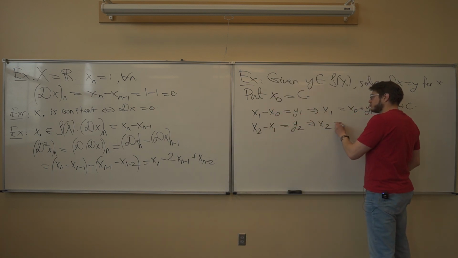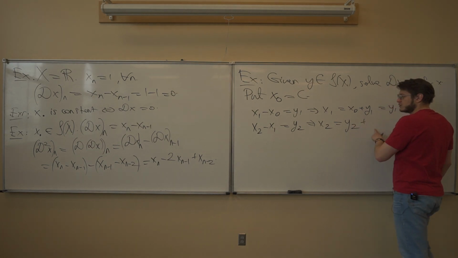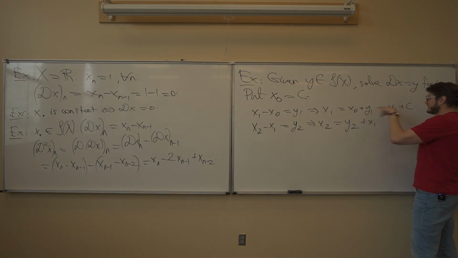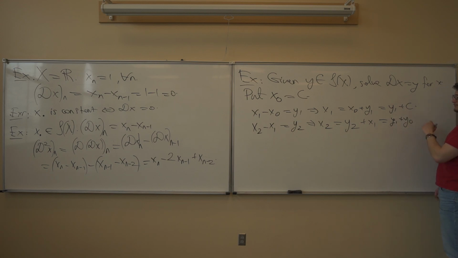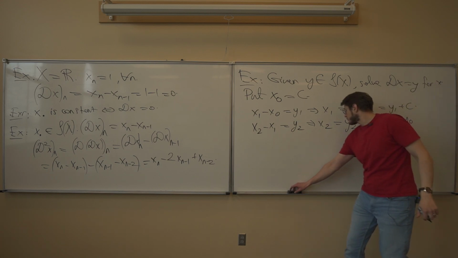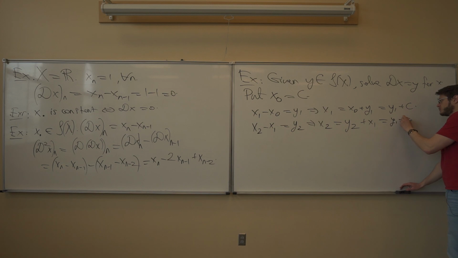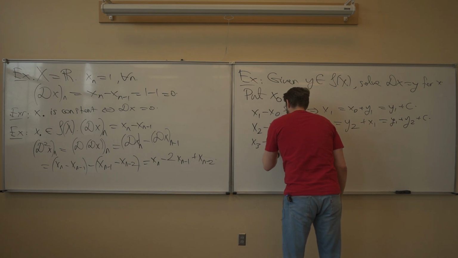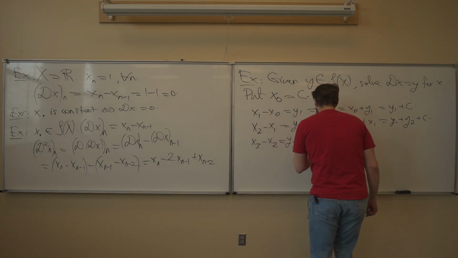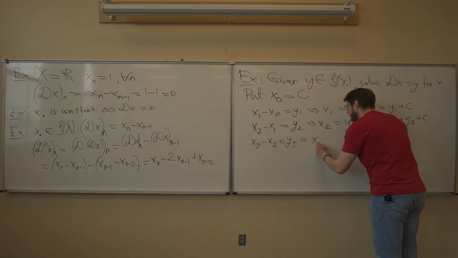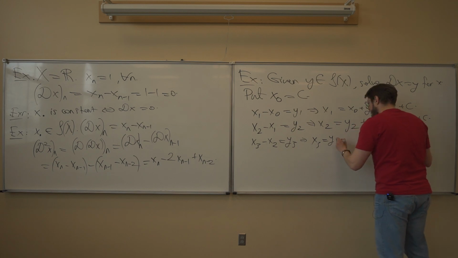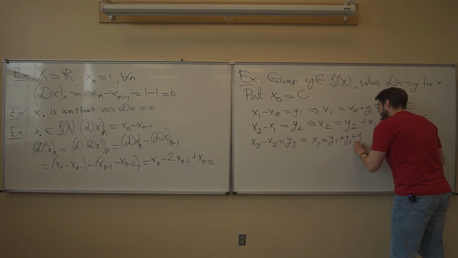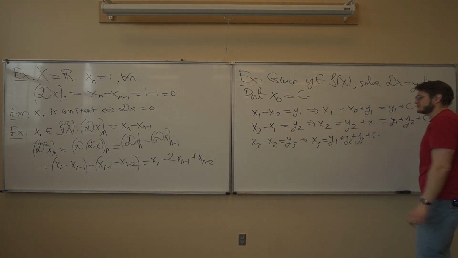So x2 would be y2 plus x1, but I know that x1 is this, which means that this has to be like so. No, sorry, y1 plus y2 plus c. And then let's do one more. And so x3 is y1 plus y2 plus y3 plus the same constant.